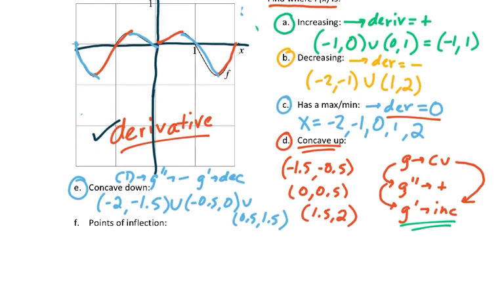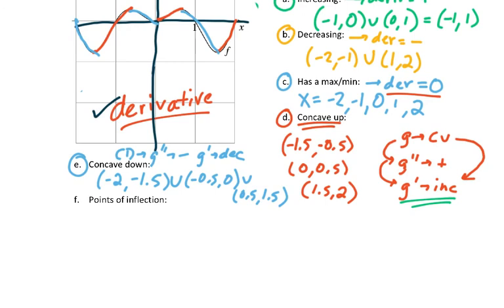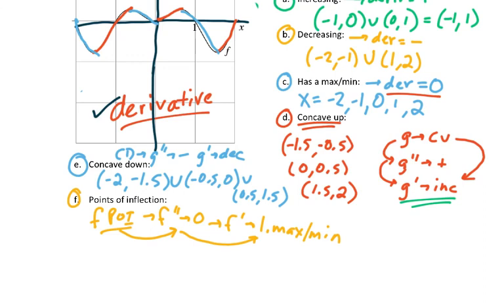All right, and the last part here, friends, is where do I have POIs? Remember, a function has a POI where the second derivative is 0, which means where the first derivative has a bump, either local max or local min. Okay, I like that line of thinking. POI, second derivative is 0, which means the first derivative, the function before it, must have a bump, or local max or min.